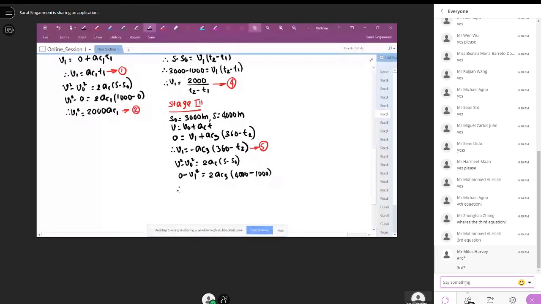From this, we can write V1 squared is equal to minus 2000 AC3. Let's call this equation 6.